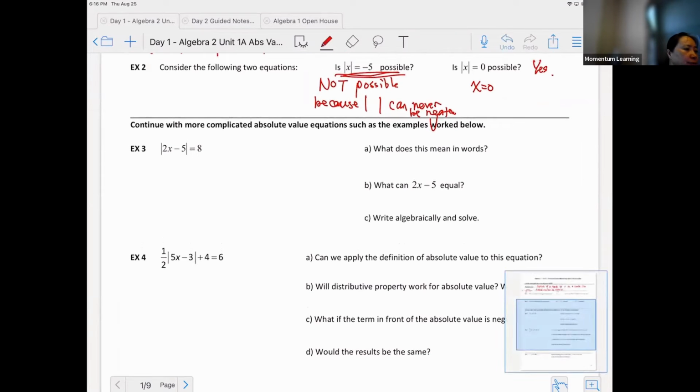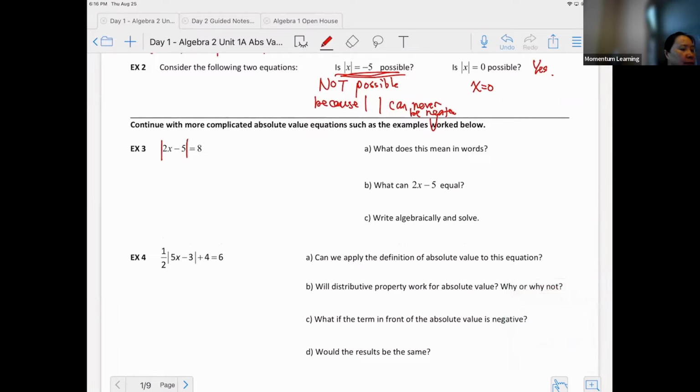Absolute value is the distance of that expression to the 0. So 2x minus 5 itself has a distance of 8 from the 0.